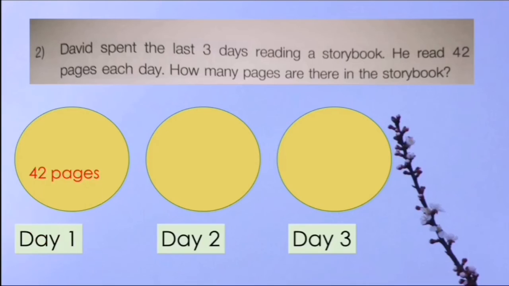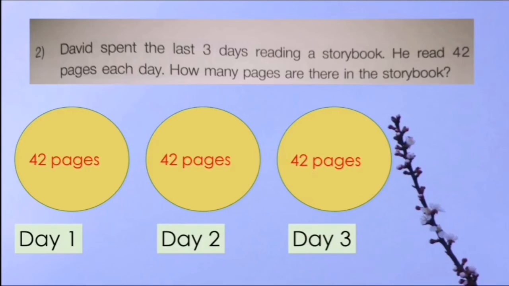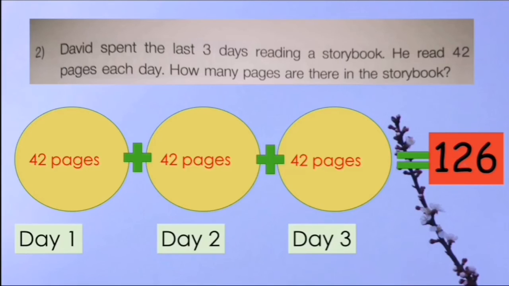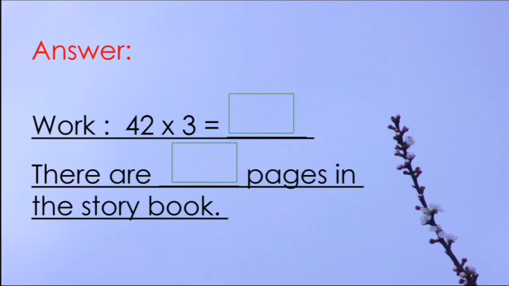So we have 42 pages for day 1, 42 pages for day 2, and 42 pages for day 3. So let's add 42 plus 42, we get 84. Plus 42, we get 126. So this is the total pages that he has read for 3 days. So here is our answer for number 2. Please copy the answer in your book and write the correct answer inside the box.